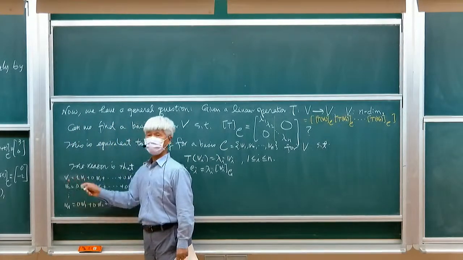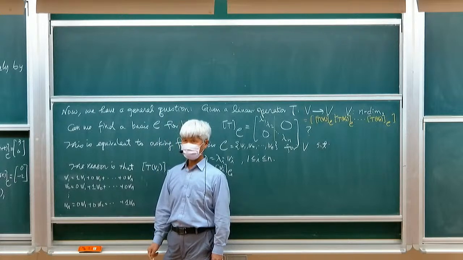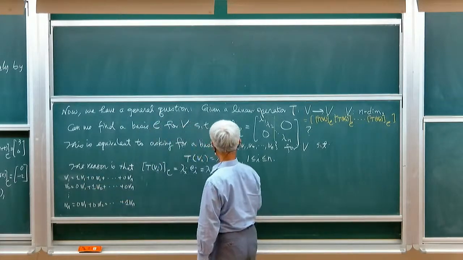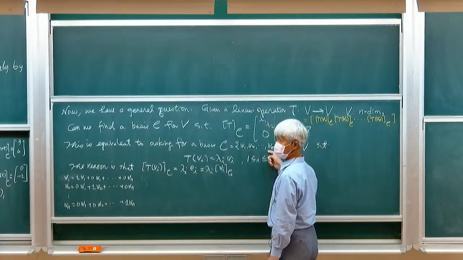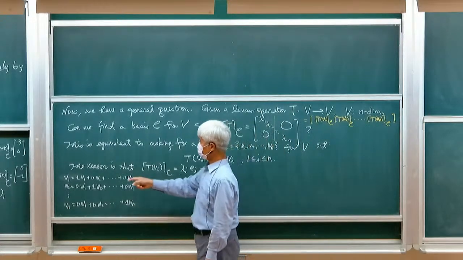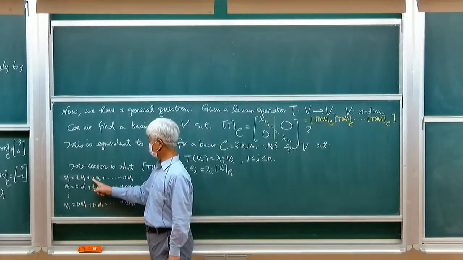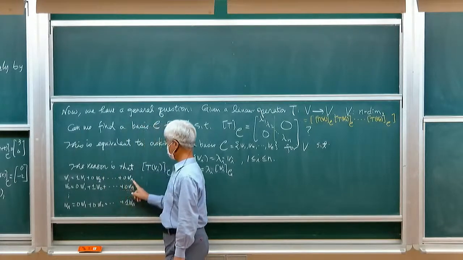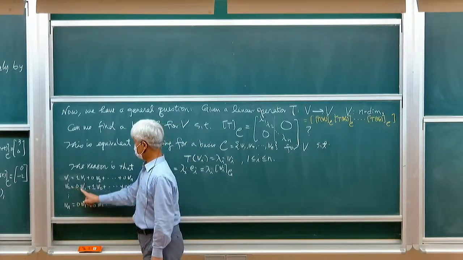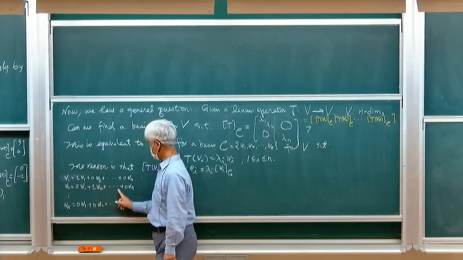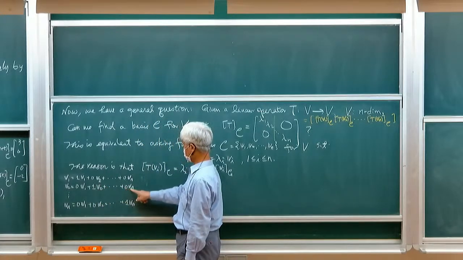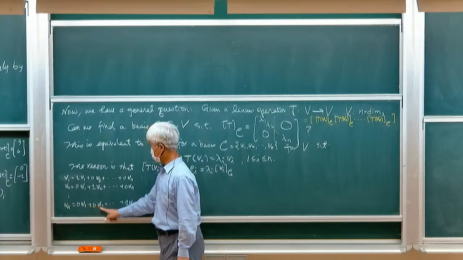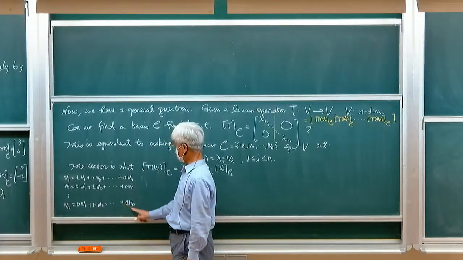So V1 has a unique representation as a linear combination of the vectors in the same basis here. V1 is 1 times V1 plus 0 V2, plus 0 Vn. V2 is 0 V1 plus 1 V2, etc., up to 0 Vn. And Vn is 0 V1 plus 0 V2 plus 1 Vn.